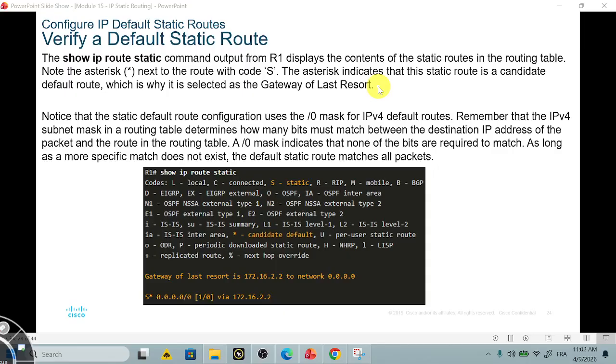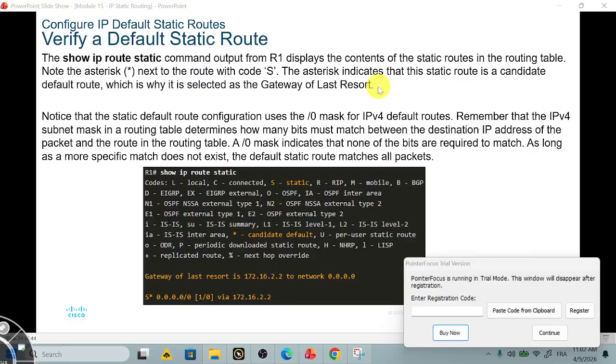As we said, this is the default static route. So if the router doesn't find any route, it should forward through this address.